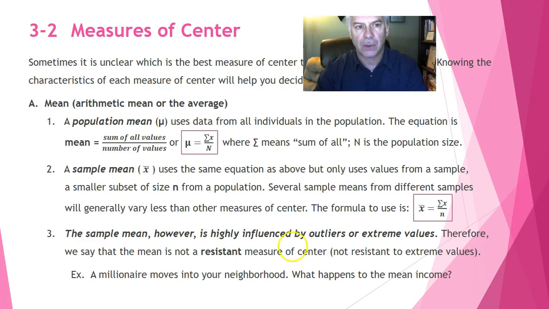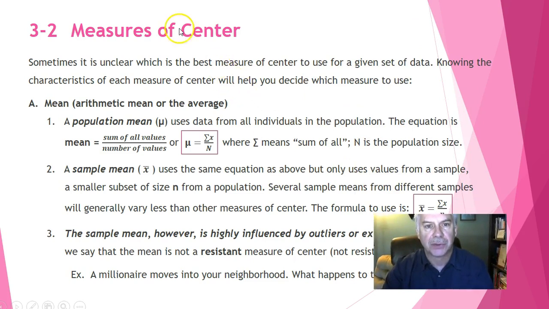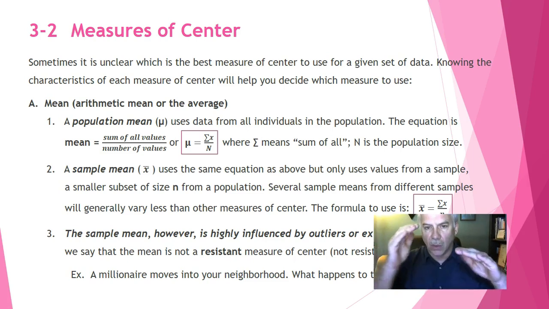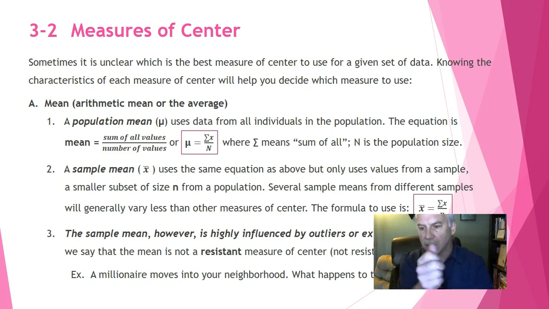All right, so now we're going to look at Chapter 3 material, which starts off talking about measures of center. Sometimes it's unclear which is the best measure of center to use for a given set of data. Measure of center means what number value would best represent the center of the data.